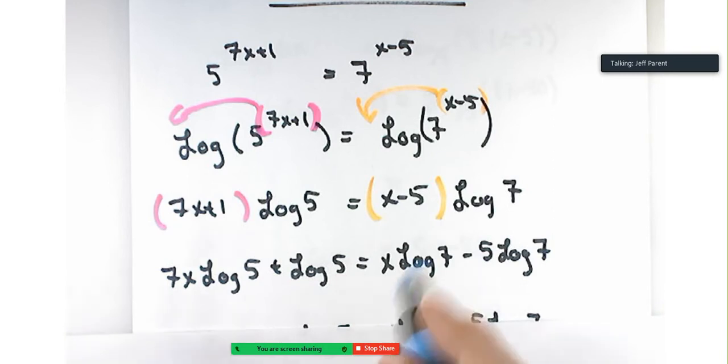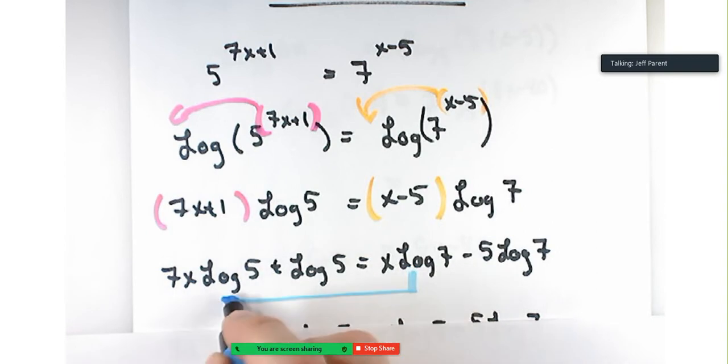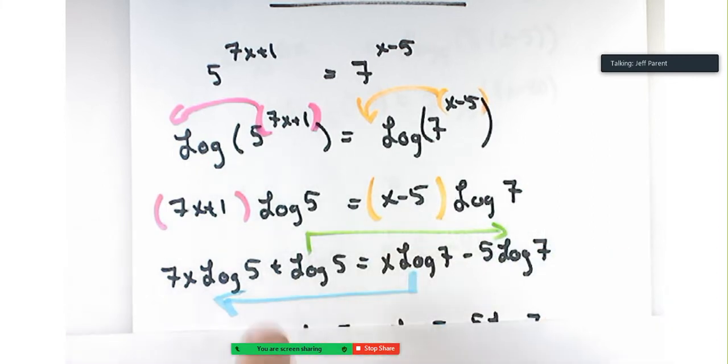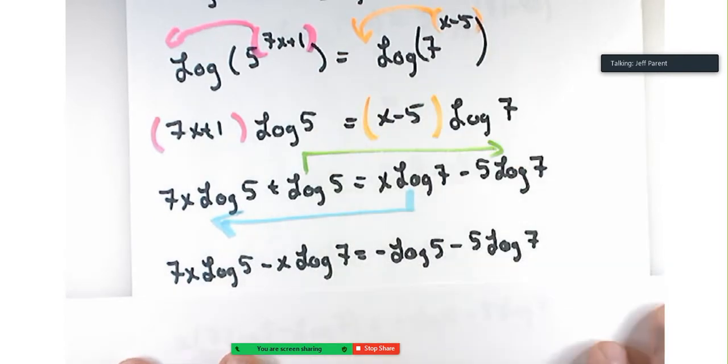So what I'll do is I'll move this term over to the left-hand side, and I'll move this term over to the right-hand side. Now again, when it changes sides, it's going to change signs. So this is going to come over here as a negative x log 7. This is going to come over here as a negative log of 5. So that's going to look like this.